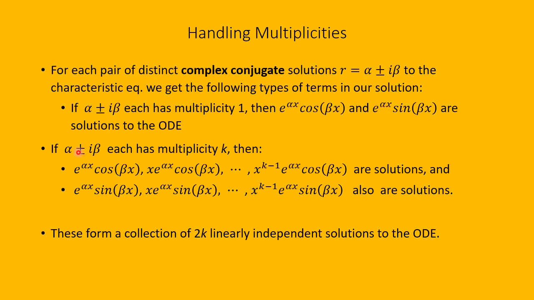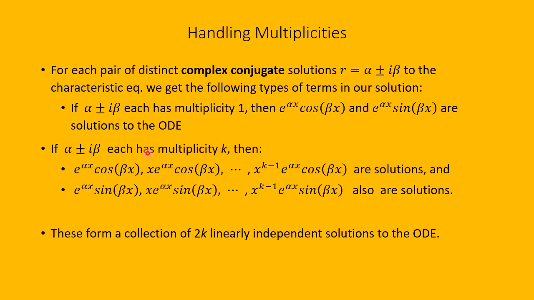Suppose we have alpha plus i beta having multiplicity k, and alpha minus i beta is also a solution of multiplicity k. So that would be solutions with, I guess you can say, a total multiplicity of 2k there.